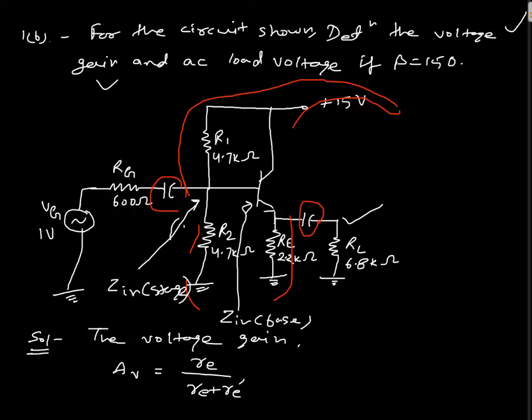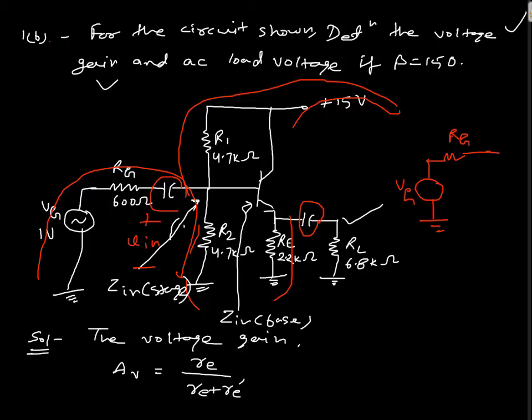So V in will be the voltage here looking at this point. Now if you look at this part, what we can see? This is the source voltage Vg, this is the resistance Rg, and then for AC, the capacitor will be shorted.